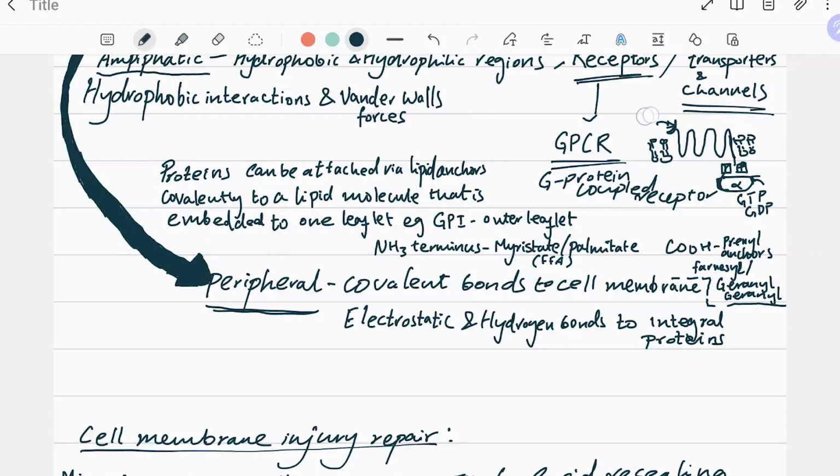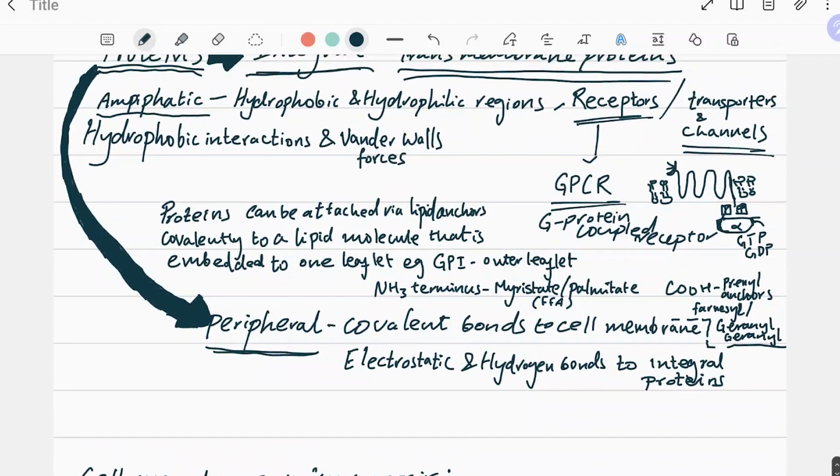If there's no hormone or ligand, then GDP binds to the alpha subunit, and signals don't get transported. But if GTP binds, then the signal gets passed through the cell. Just remember this for now.